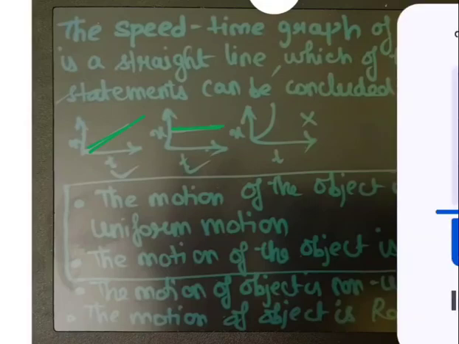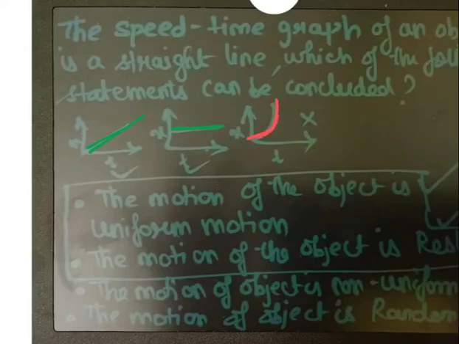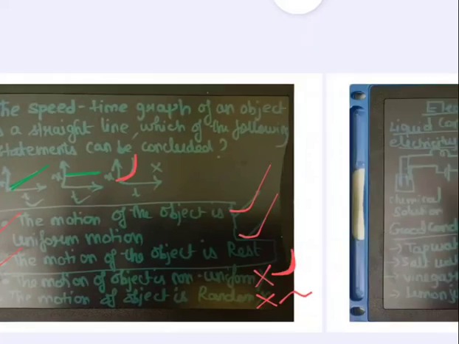Unless it is in non-uniform motion, the graph remains a straight line. So there are four options given. The motion of the object is uniform, yes it is a straight line. Motion of the object is rest, okay, then also the graph remains a straight line. The motion of the object is non-uniform, no, here the curve shape comes, not a straight line. The motion of the object is random, here also the graph will not be a straight line. So the options A and B are the correct answer.